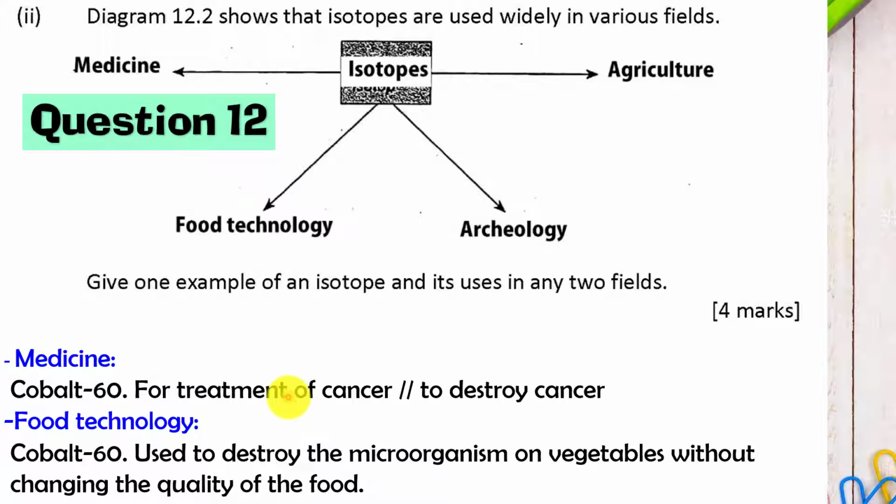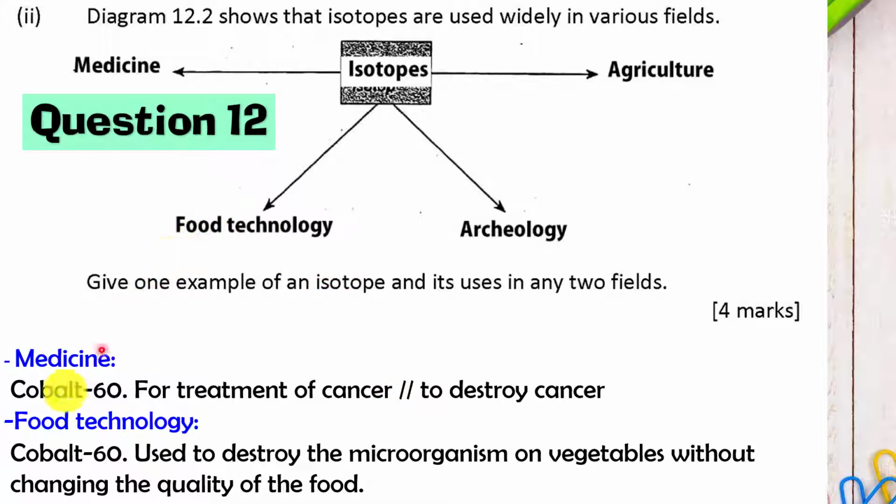After that, you can get 2 marks. So if I say medicine, then I say cobalt 60, used for treatment, cancer treatment. This one is the shortest, so it is easier to memorize. When I just say an example for medicine, the isotope, you just say cobalt 60. The reason is treatment. What treatment? Cancer treatment. That's all.